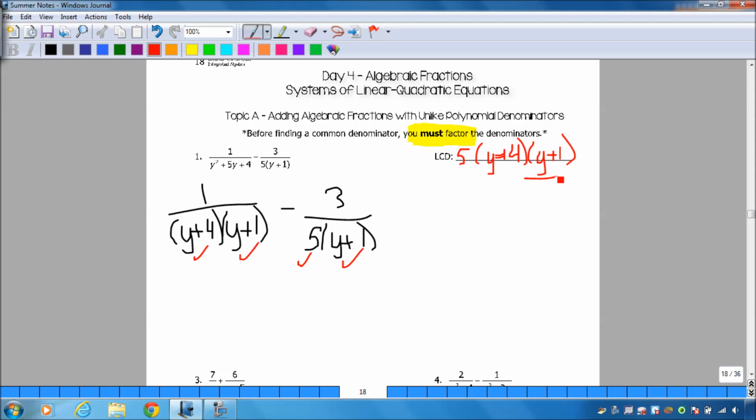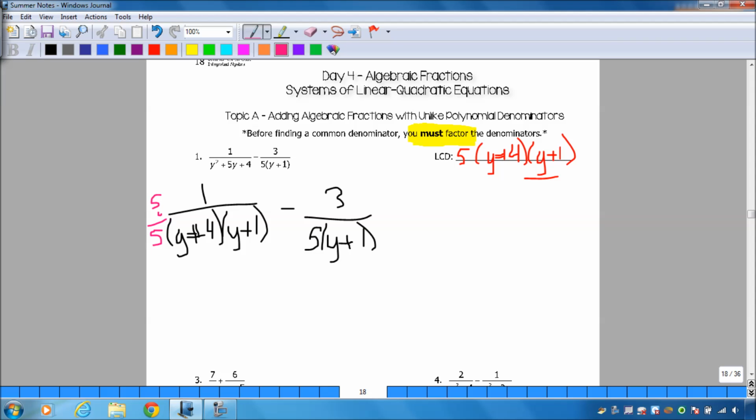included in my LCD. So that means that I can go ahead and change all of my fractions so that they work for me to have this denominator that we want. So this is going to say y plus 4, and this is going to say y plus 1. All right, so my first fraction, I need to multiply it by 5 over 5 to get this common denominator that we're looking for.